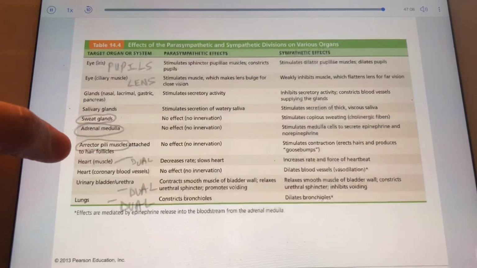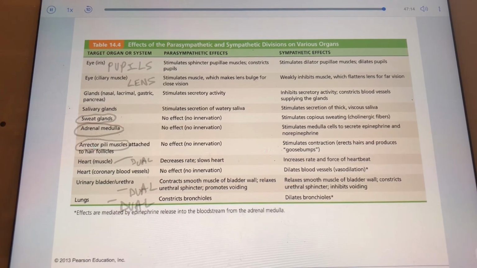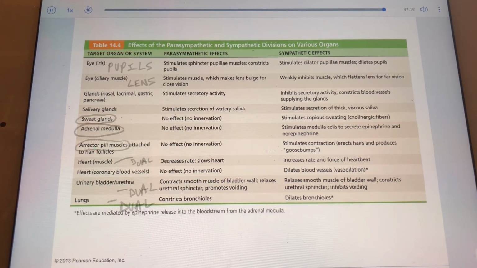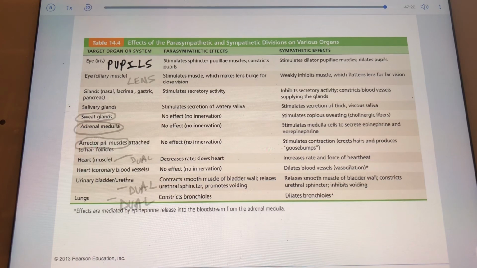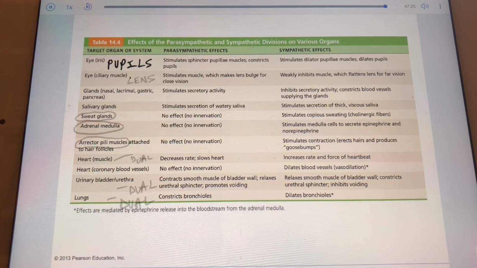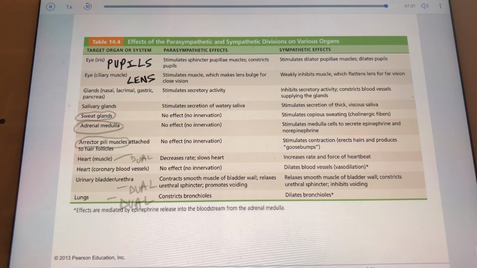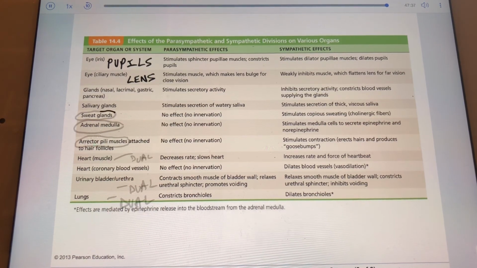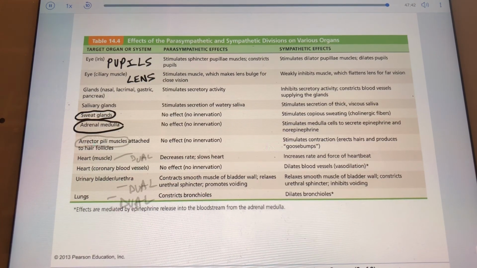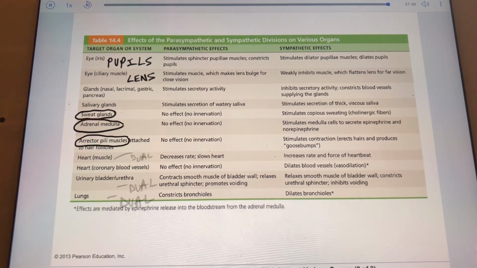If we look at 33, we'll see some things that look familiar. We already know that sympathetic and parasympathetic systems target the pupil diameter, okay? We already know that they target the shape of the lenses in the eyes, or the lens per eye, okay? We already know how sweat glands and adrenal medulla are innervated. We also know how erector pili muscles are innervated.